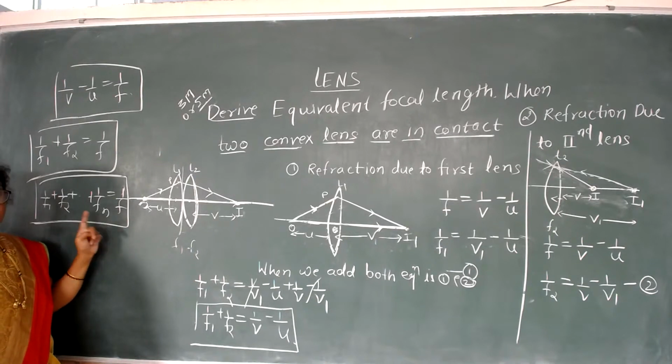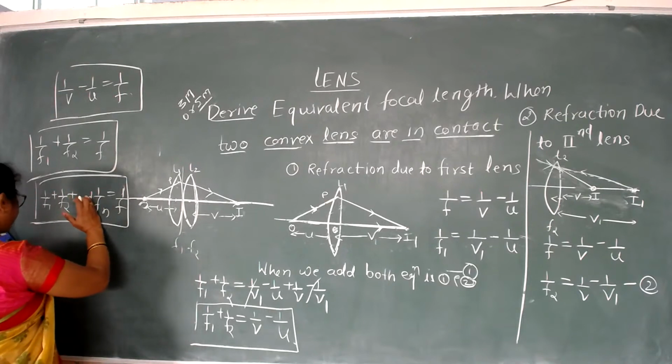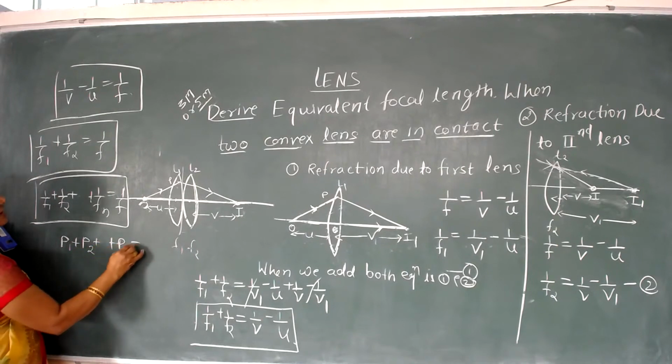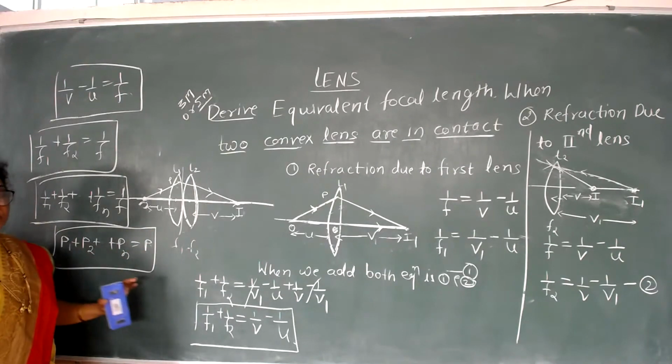And we know that power is the reciprocal of a focal length. Means 1 by f is equal to P. So if we want to find out the power, this is P1 plus P2 plus so on, Pn is equal to P. So this is a related formula to find out the power.